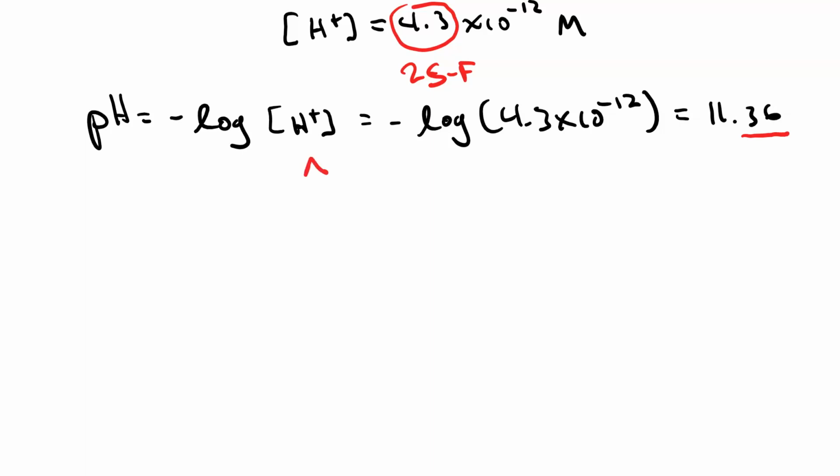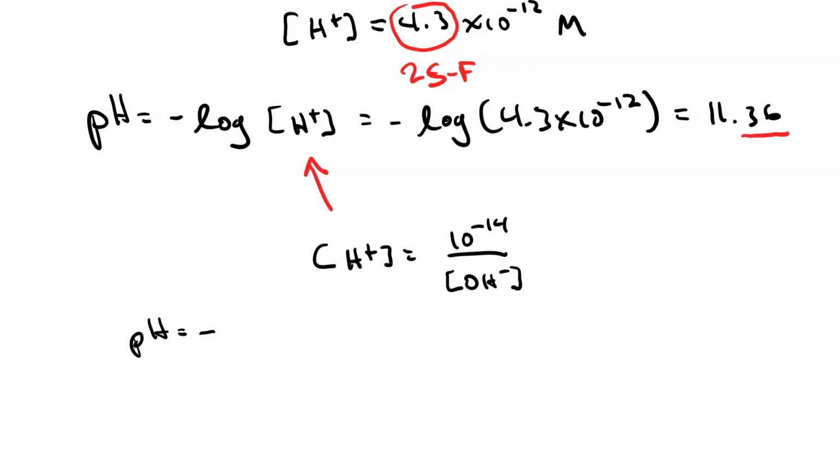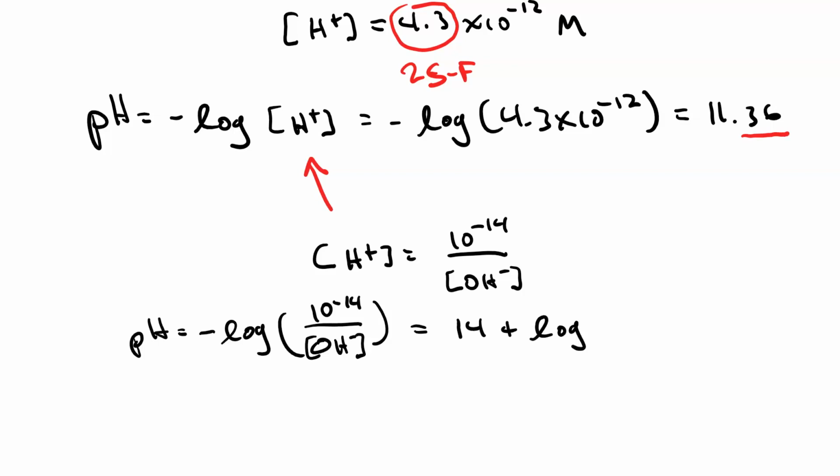We could also make a substitution here because we know that the concentration of H plus equals 10 to the negative 14th divided by the concentration of OH minus. So we then get pH equals the negative logarithm of 10 to the negative 14th over the concentration of hydroxide, which if you do some algebra you get 14 plus the logarithm of the hydroxide ion concentration.